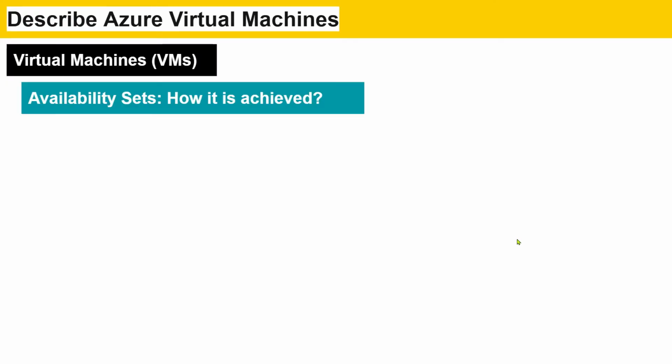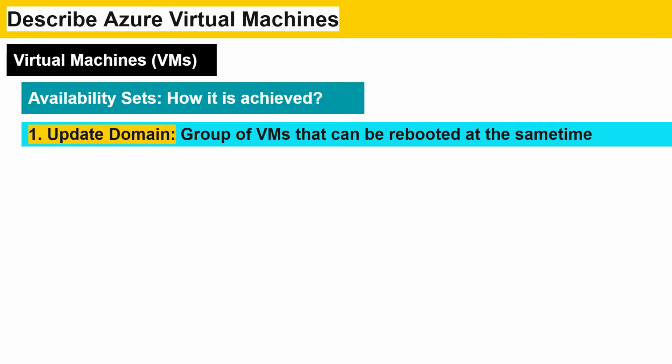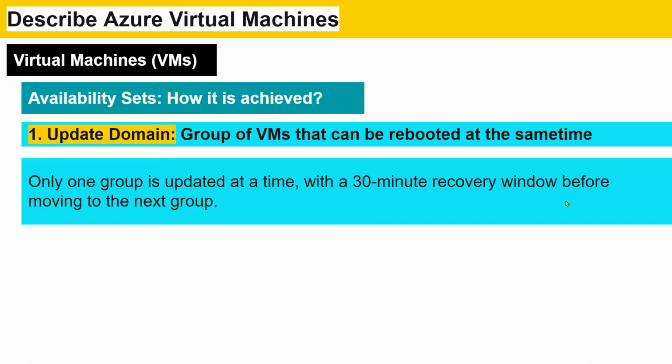All right, now how is it achieved? There are two different ways. One is update domain. So what is update domain? A group of VMs that can be rebooted at the same time. If I have to update my VMs with a new security patch, or update the operating system, or update anything, I made a group called update domain, a group of VMs that can be rebooted at the same time.